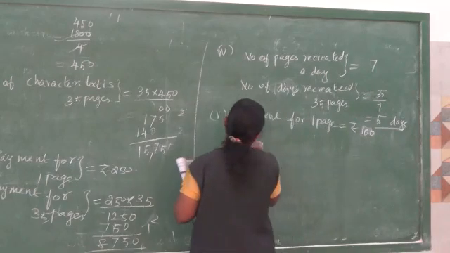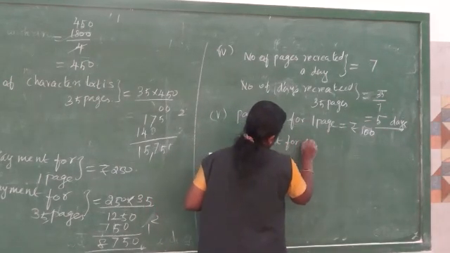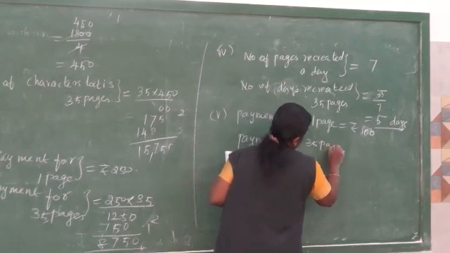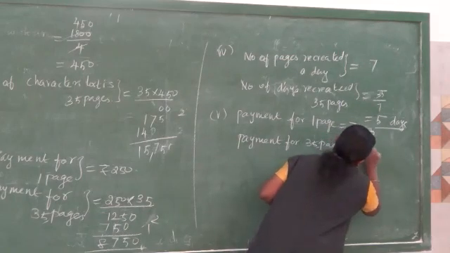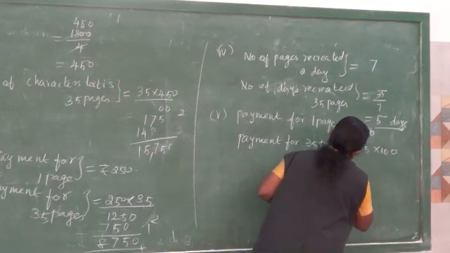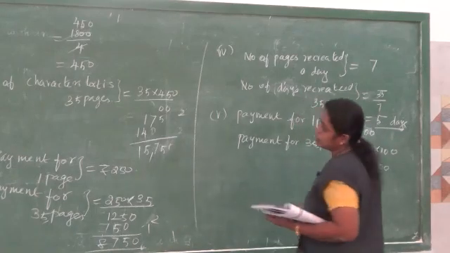So payment for 35 pages equal to 35 into 100. So 3,500 rupees has to be paid.